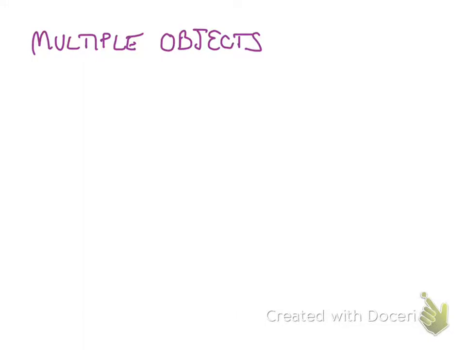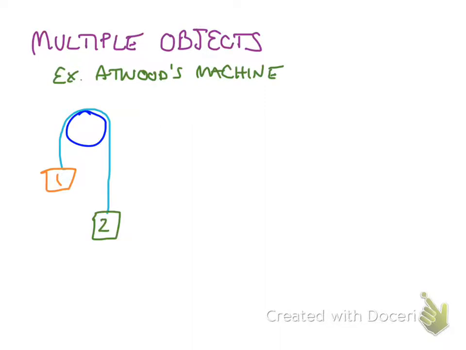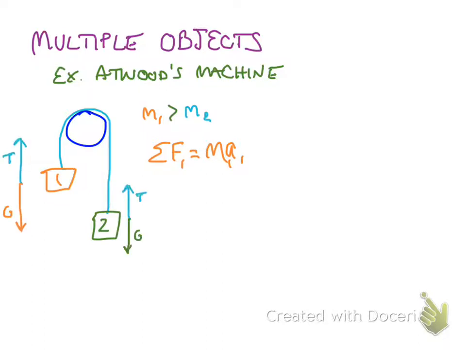If we have a problem with multiple objects, example would be an Atwood's machine, where we have a pulley with two masses over it. And let's say in this case, mass 1 is greater than mass 2. And if we're looking for the acceleration, we would look at mass 1 and do sum of the forces equals ma. And the forces on mass 1, we'd have tension up and gravity down. And on mass 2, we have tension up and gravity down.